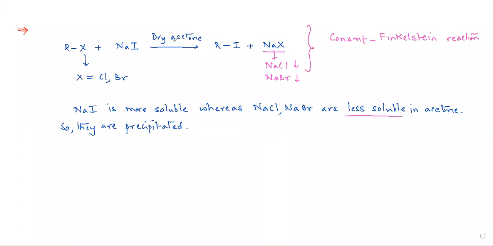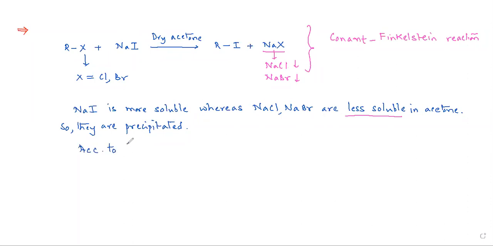When the product is removed, in the sense they are going out of the mixture, and Le Chatelier principle is applied, the reaction goes in forward direction when some amount of the product is removed. So that actually helps in getting more amount of alkyl iodide.